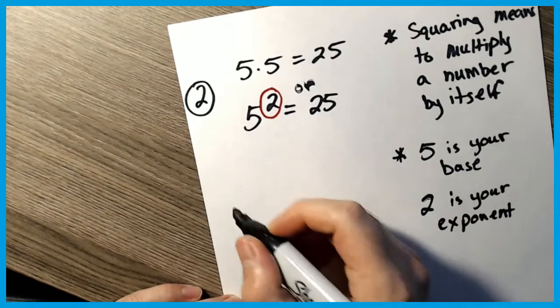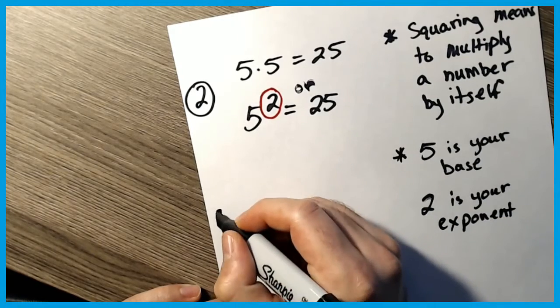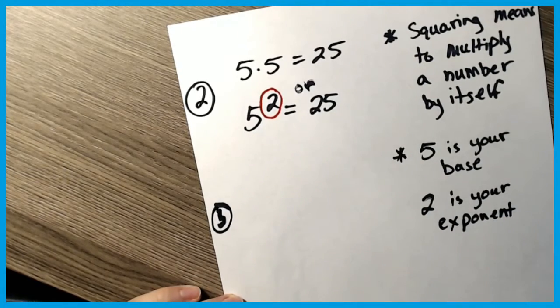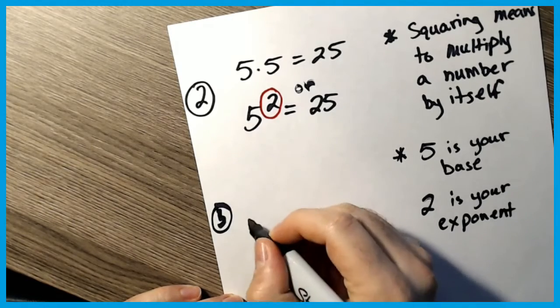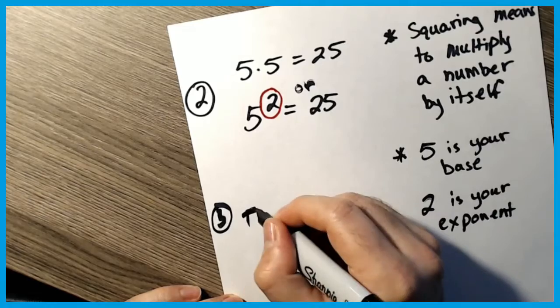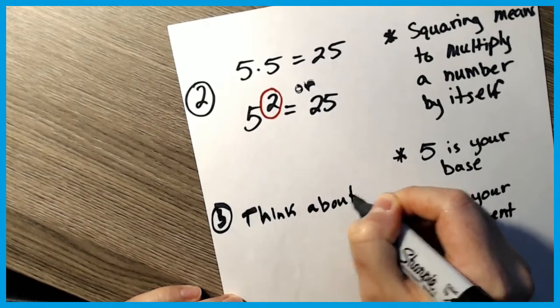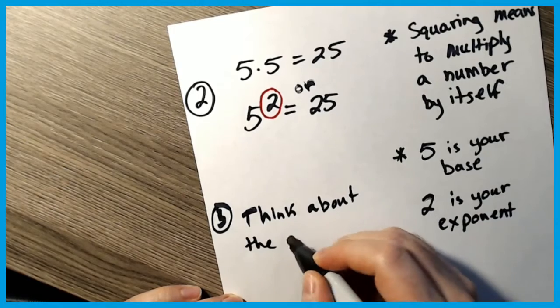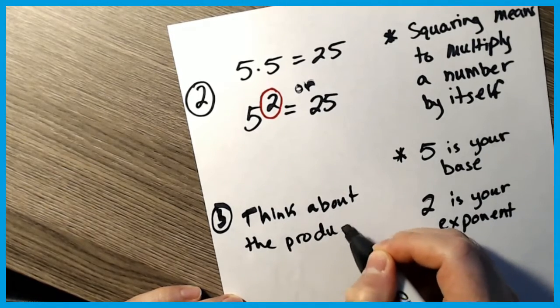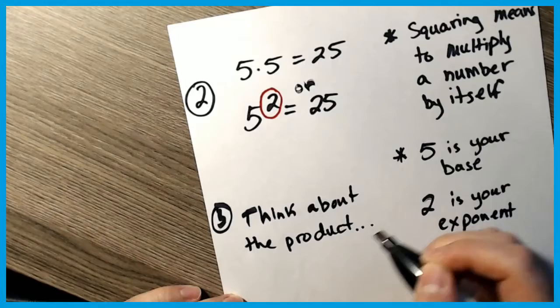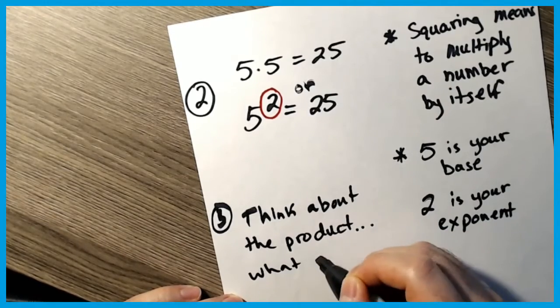Alright, so if I tell you now in the third step, in this scenario, think about the product that we just got. So if I say think about the product, essentially I'm meaning, what is it?